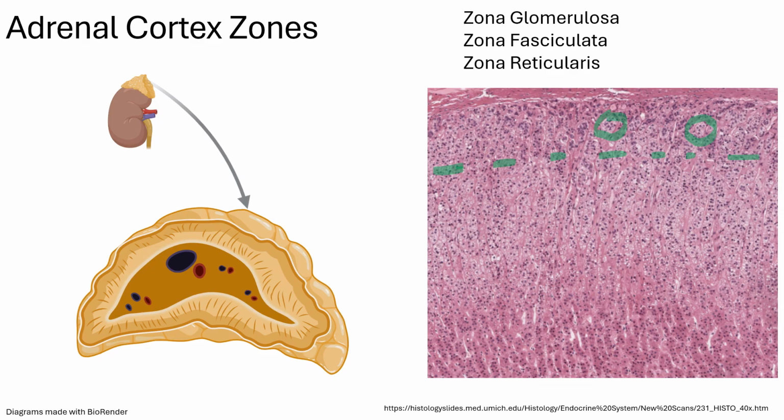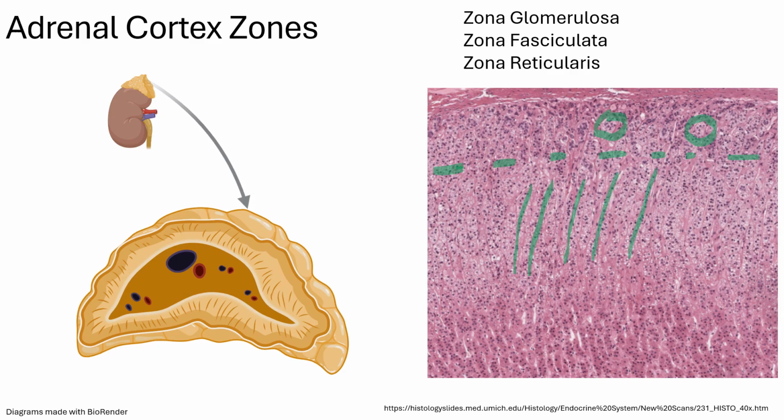The zona fasciculata is named for its ribbon-like appearance. That's what fasciculus means. And this zone is the largest of the zones of the cortex, and it accounts for the bulk of the cortex.